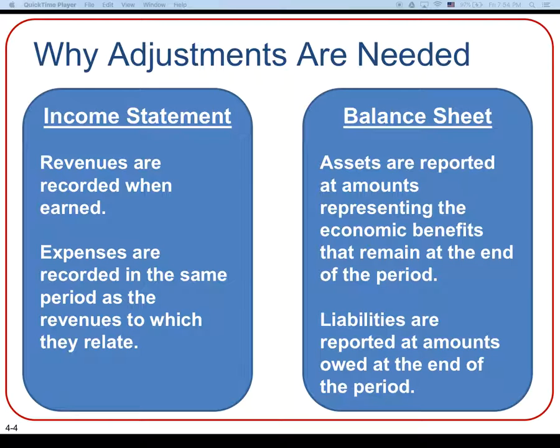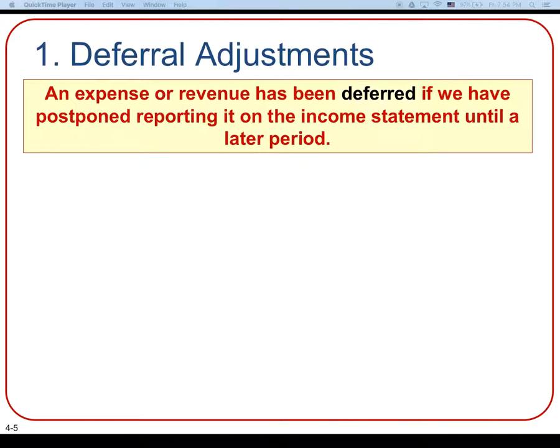So there are two types of adjustment in accounting, in the income statement and balance sheet. The first type of adjustment we call deferral adjustment. By its name, deferral means we postpone it, right? So expense or revenue has been deferred if we have postponed reporting it on the income statement until a later period.